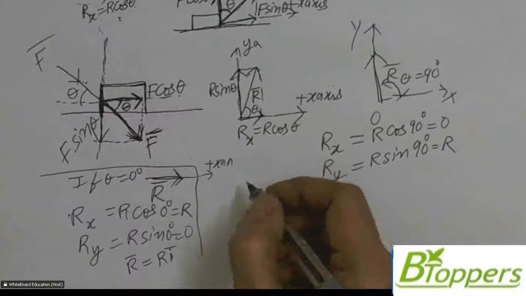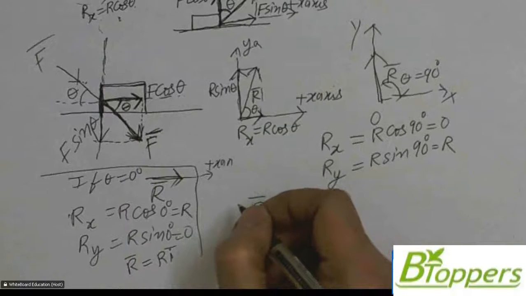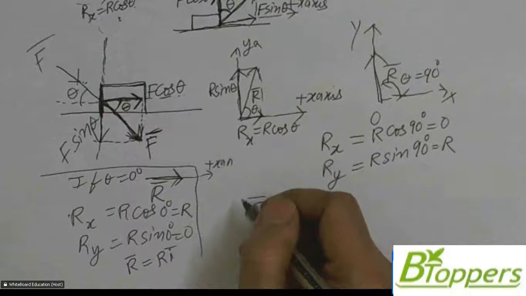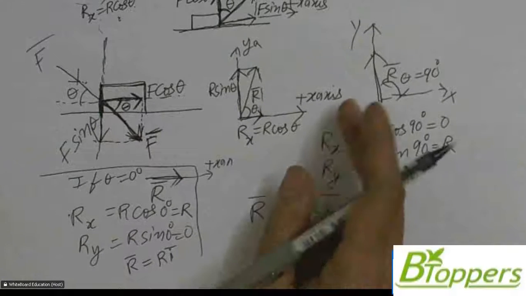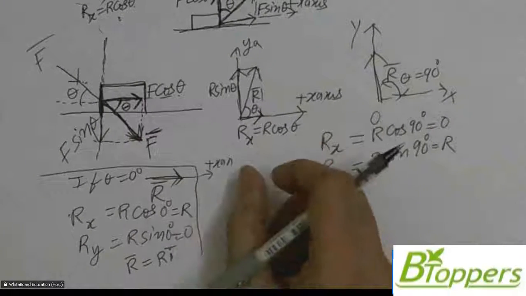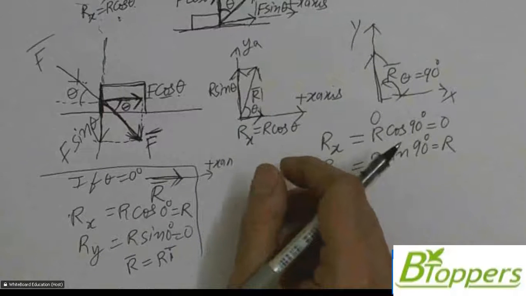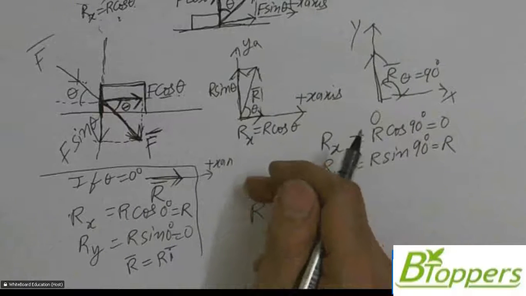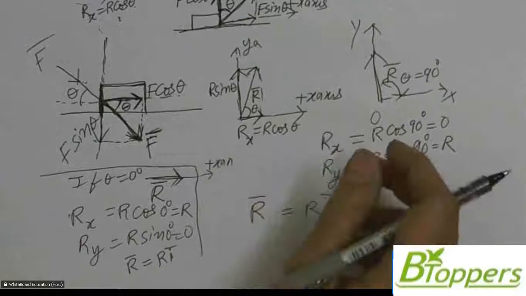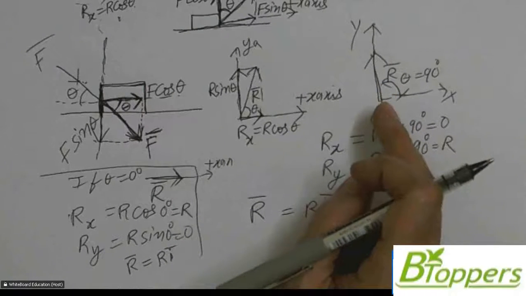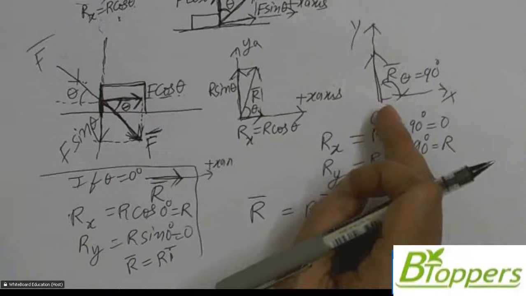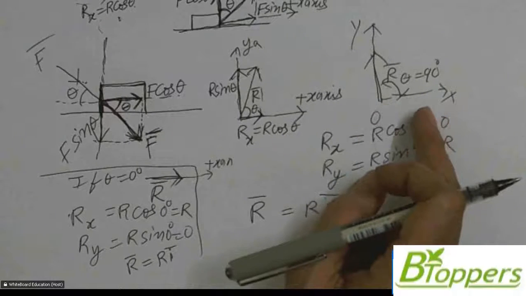So in general, a vector will have no rectangular component in a direction perpendicular to it. If a vector is parallel to the x direction, its rectangular component in the y direction is 0. Similarly, if a vector is parallel to the y direction, its rectangular component along the x direction is 0.